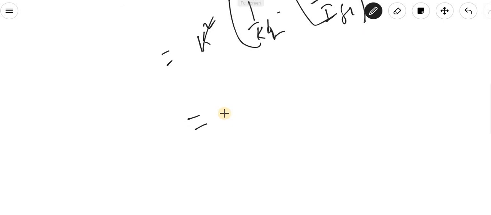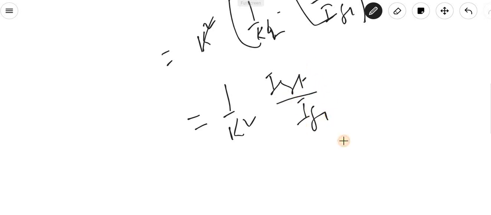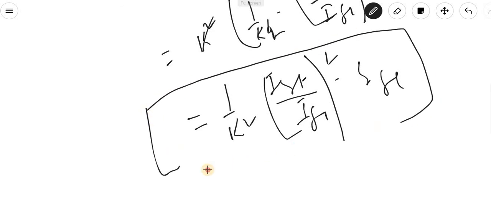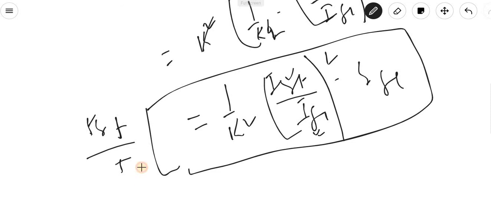After cancellation, the expression will be 1 by K square, starting current divided by IFL square into SFL. This expression, relating starting torque and full load torque in terms of starting current divided by full load current, you should remember. Okay, clear?